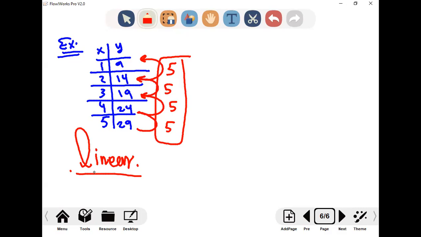But if you don't know, or you couldn't tell, or the jumps are different, what do we do? We graph it. Look at the Check before example 7, focus please. In the check we have two tables.